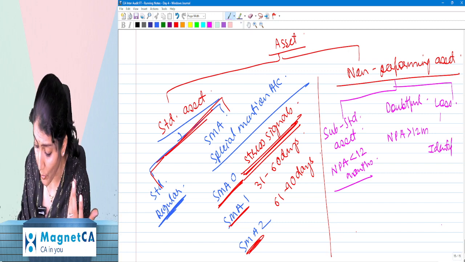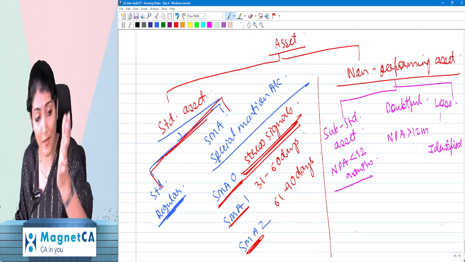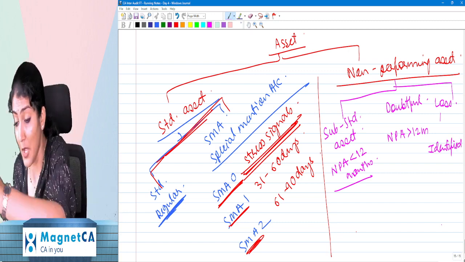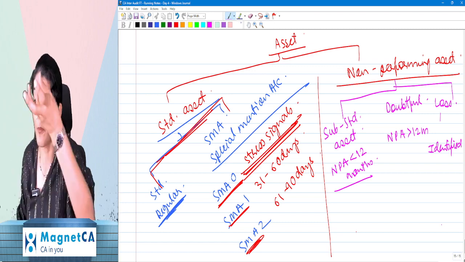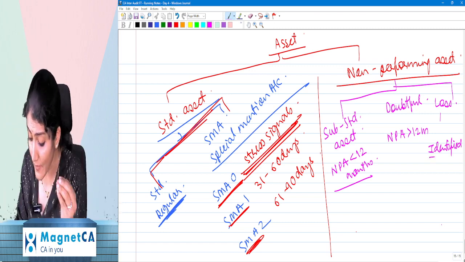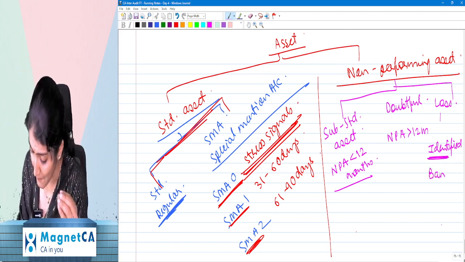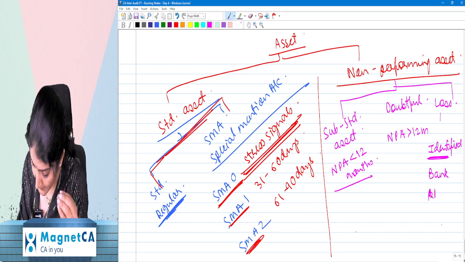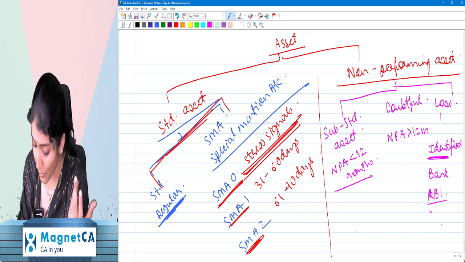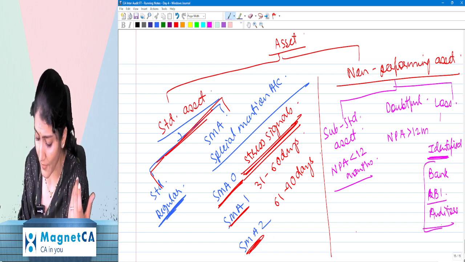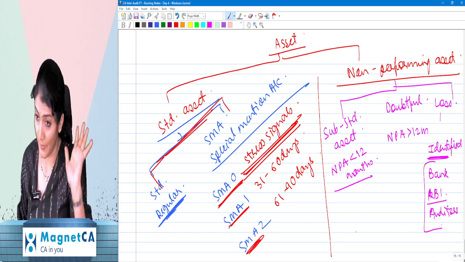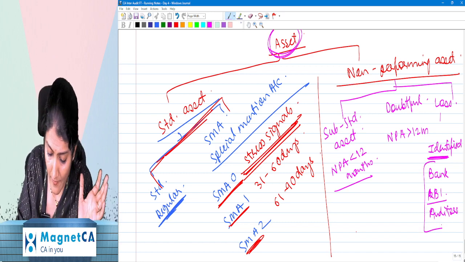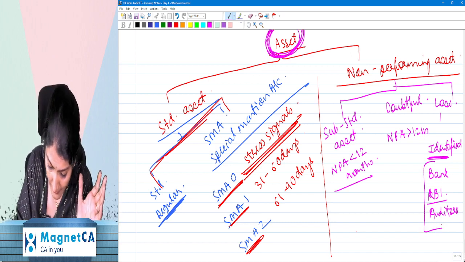So there is a provision for going from standard to substandard, substandard to doubtful, but there is no time limit for going from doubtful to loss. Loss has to be identified by the bank, the RBI, the internal inspection team, or the internal and external auditors, or it is of small or uncollectible value.